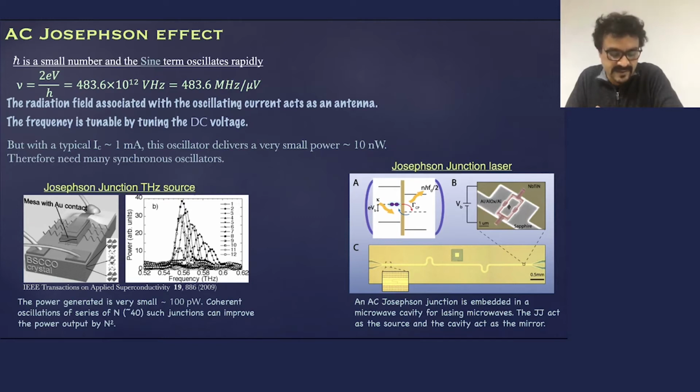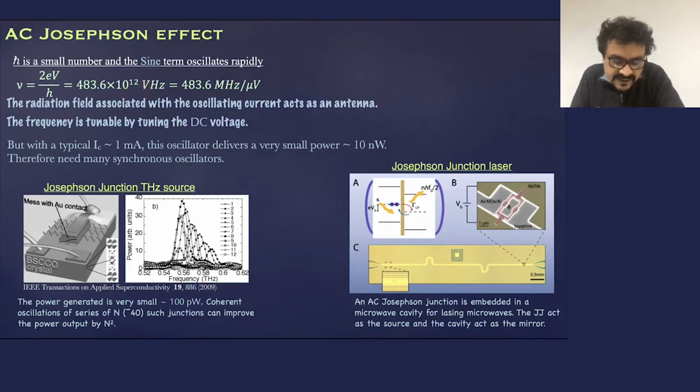Okay. Now this number is a very, very large number. What we are seeing is 483.6 into 10 to the power 12. Basically, volt is 1 here, so you have to multiply this.